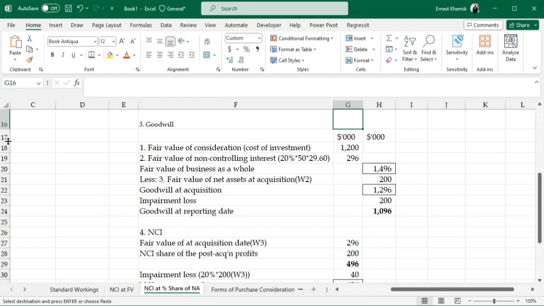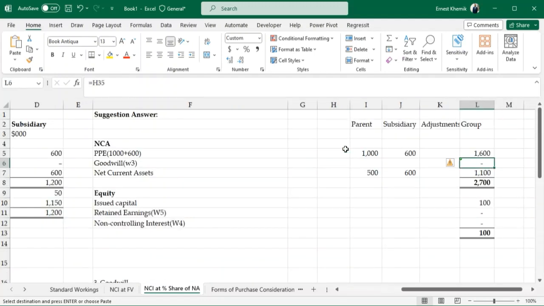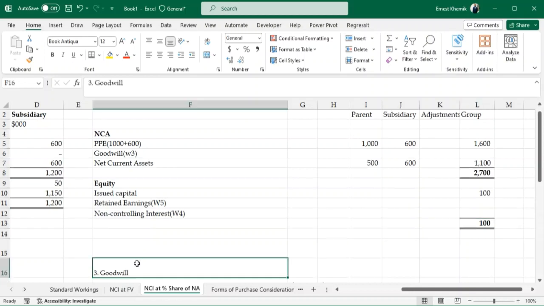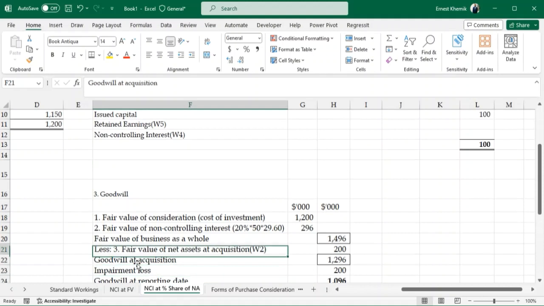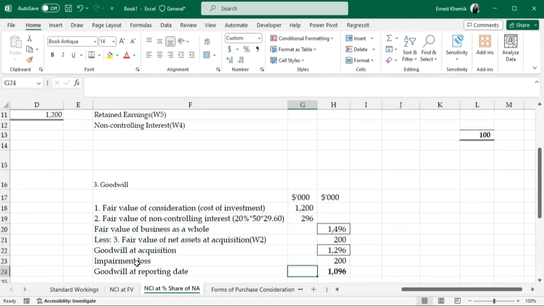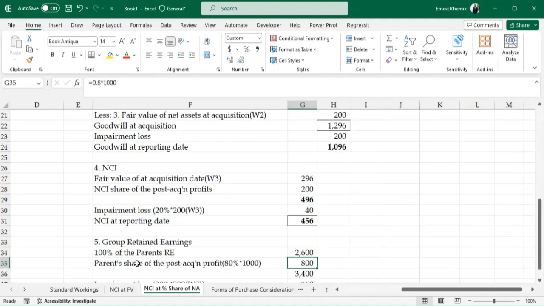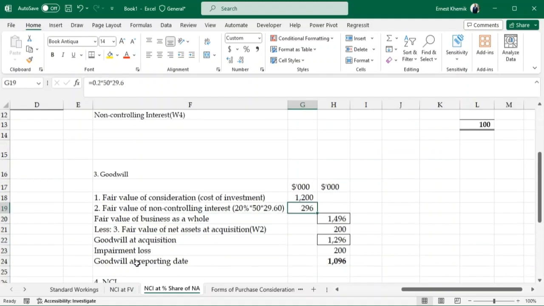So we have this, the cost, and this is the same. The goodwill, which I've referred to, is going to change. The retained earnings is going to change, and then the non-controlling interest is going to change. Good. So now we have the same thing set up. The only difference is going to come for our goodwill, our non-controlling interest, and the group retained earnings. So let's see how that is going to be done.